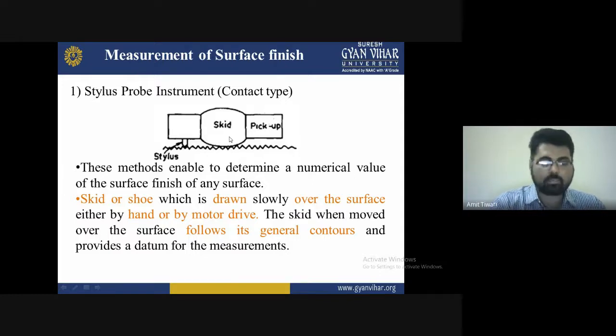You put the instrument on the surface and move it forward. The diamond tip stylus contacts the surface and finds the irregularities along the plane direction, and if more irregularity is present, it will show the reading on the screen.